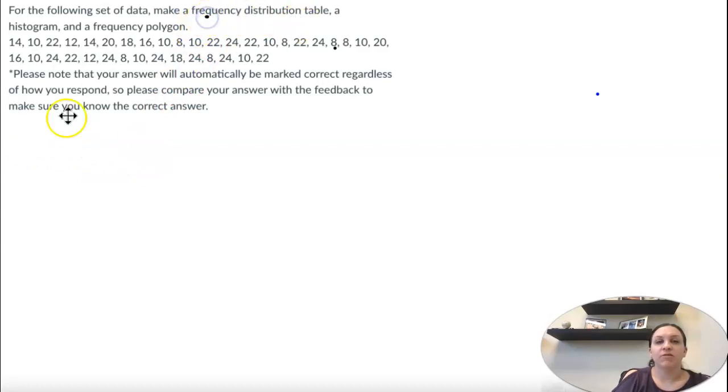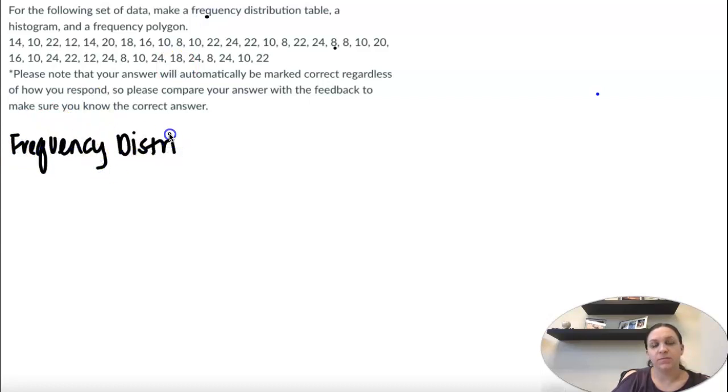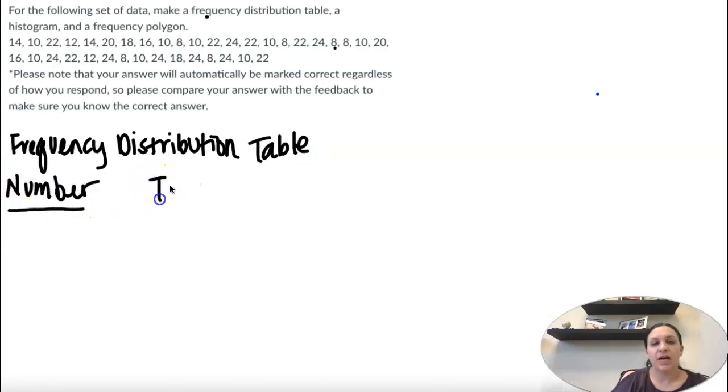We're going to start with the frequency distribution table. It's a table where we look at the number we're given, and then we're going to make some tally marks to kind of just mark how many we have. And then we're going to have our totals after we're done.